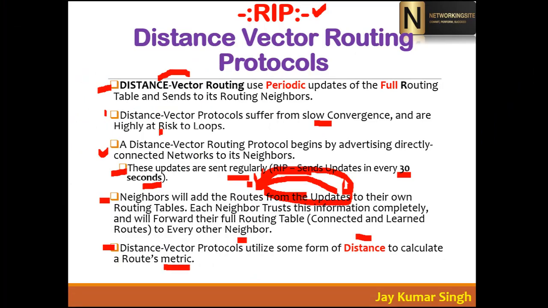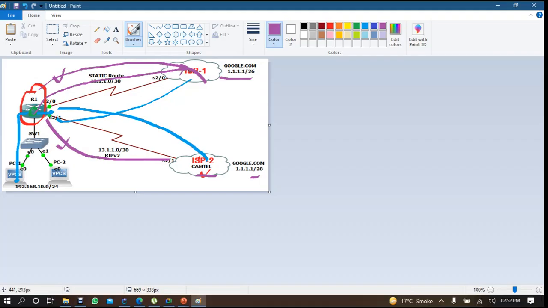Distance vector uses a distance kind of calculation in the metric, and that distance calculation is known as hops. That is, I'm reachable to you after 2 hops, 3 hops, like that. How do we understand hops?